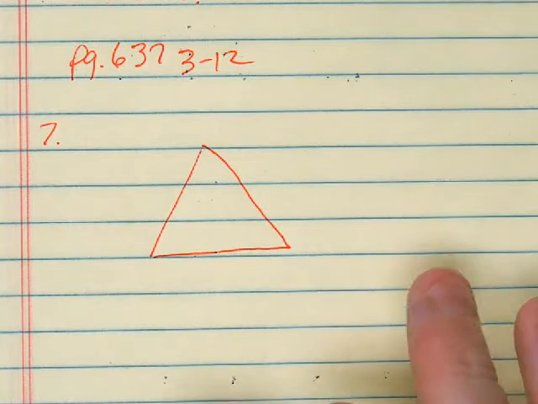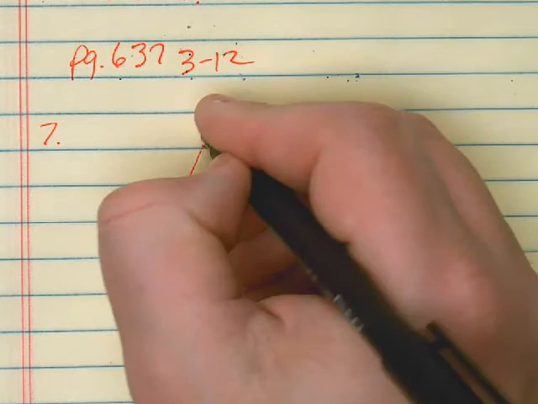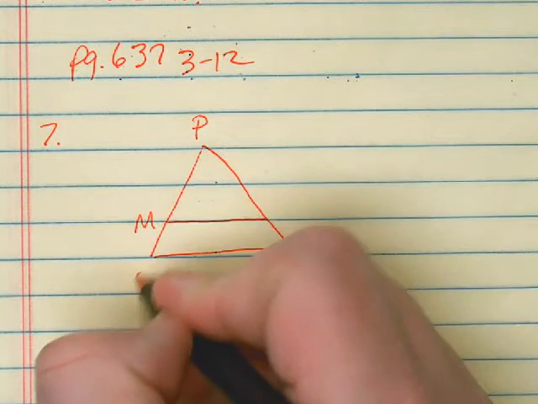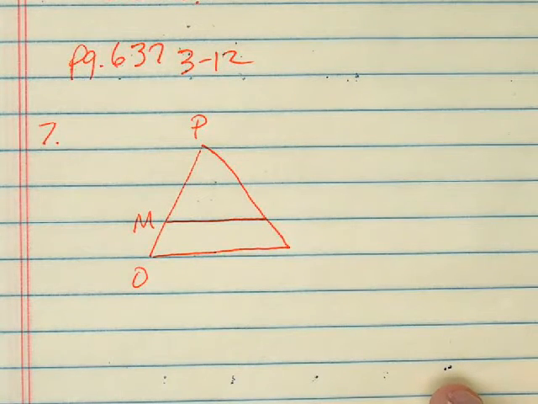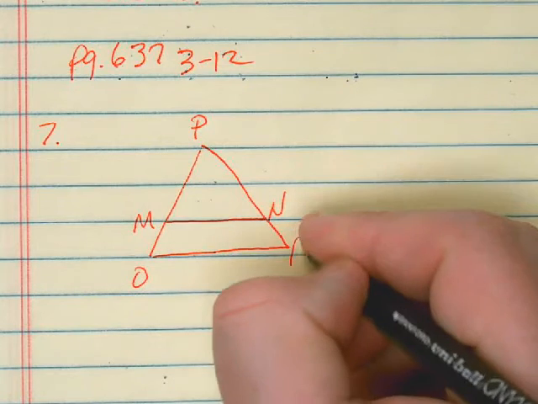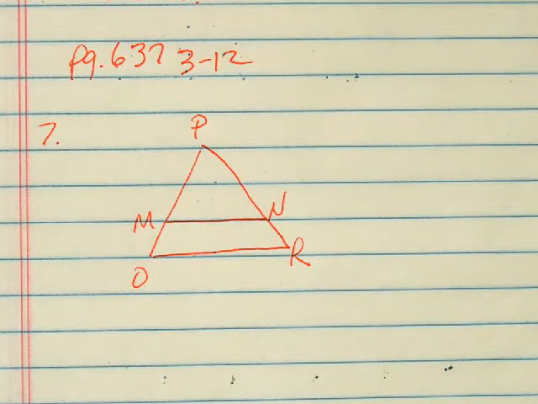Okay, so now we got PMO, PMO, and then we've got PNR. Everyone okay with the picture on number 7?